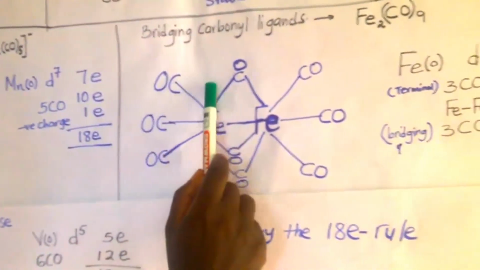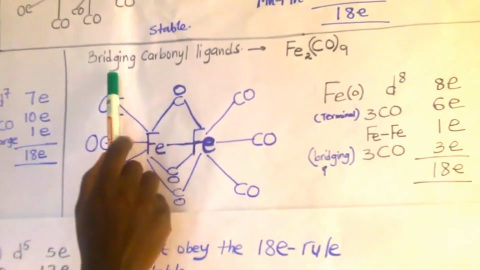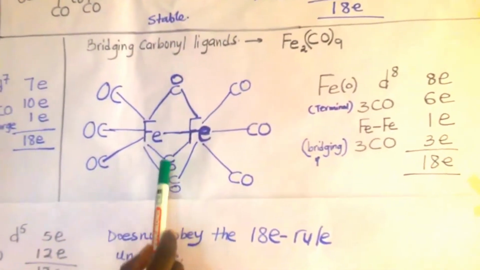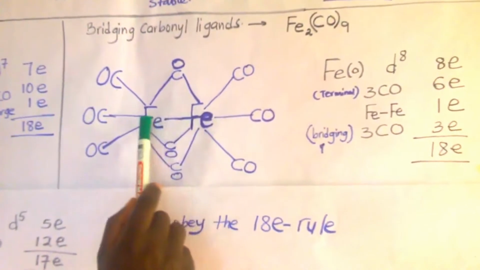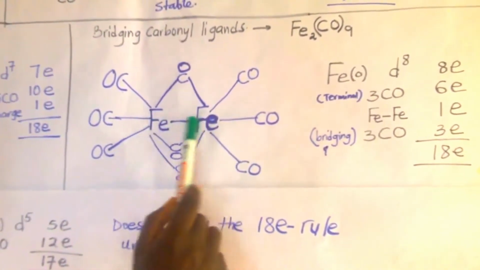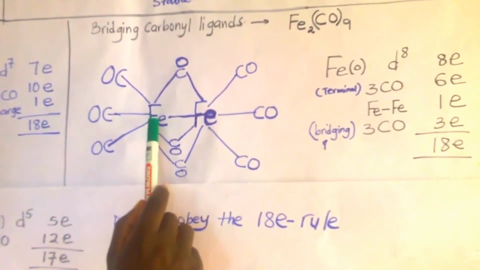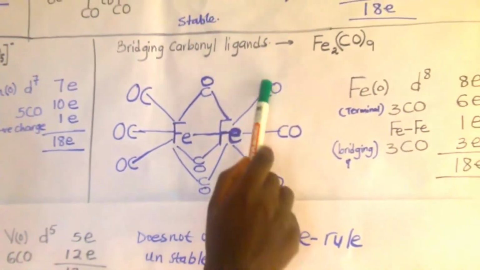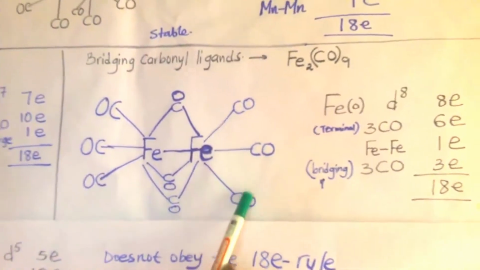Then the fourth complex, it involves a bridging carbonyl. It involves carbon monoxide that links up 2 metals together. So this complex has 2 types of carbonyl. It has a bridging one, and it also has a terminal carbon monoxide.